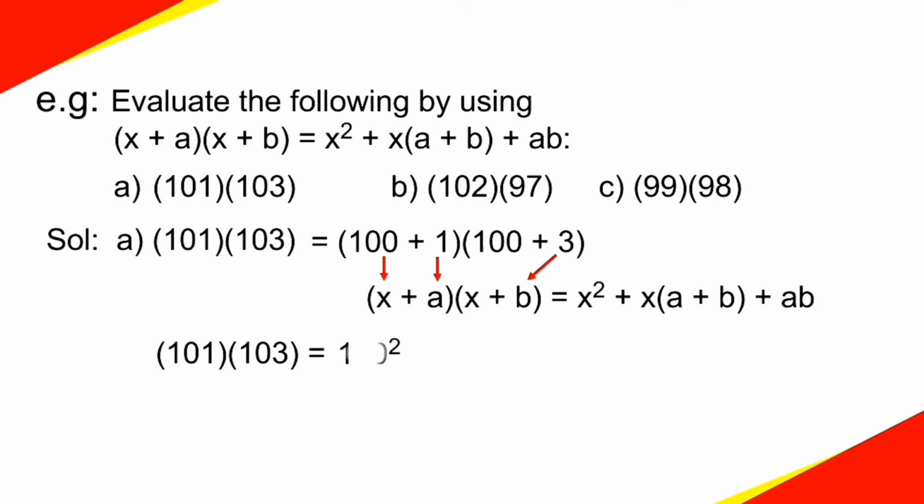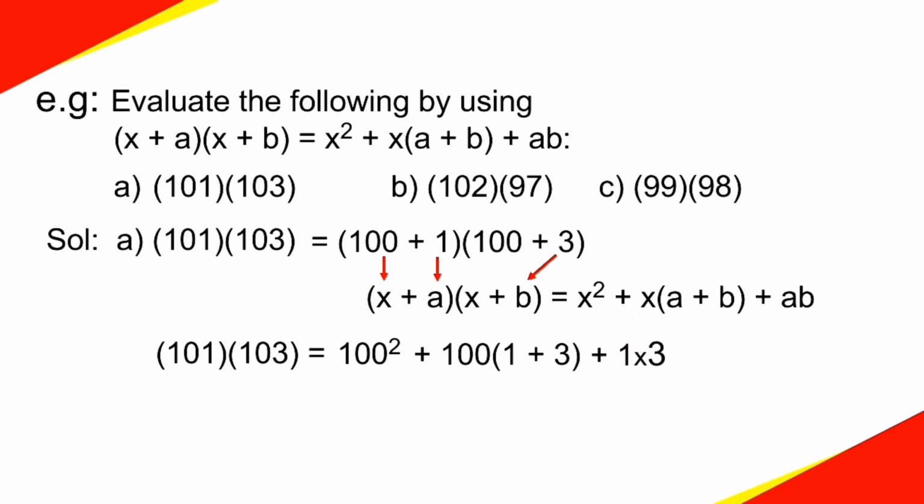What can we get? 100 square, because the x value is 100, plus 100 into 1 plus 3, because a is 1 and b is 3, plus 1 into 3.